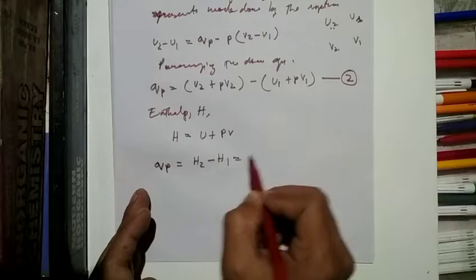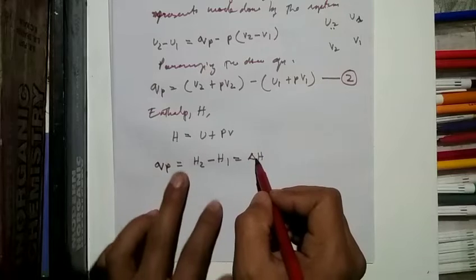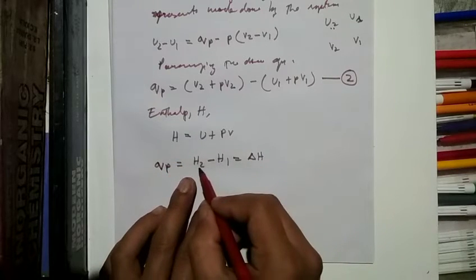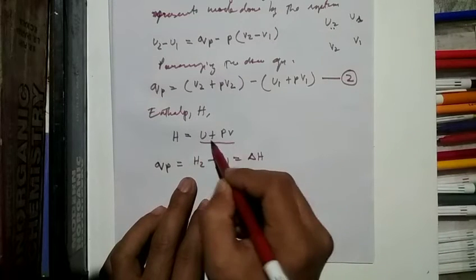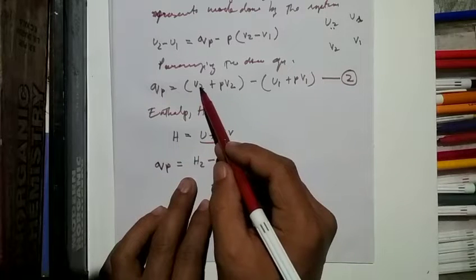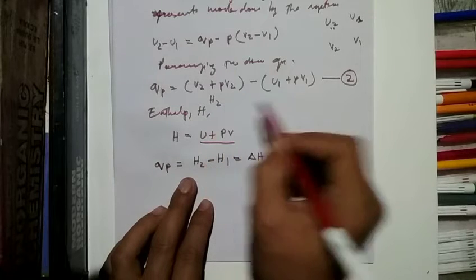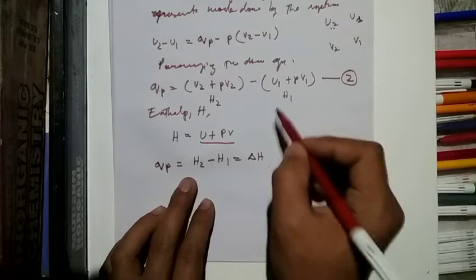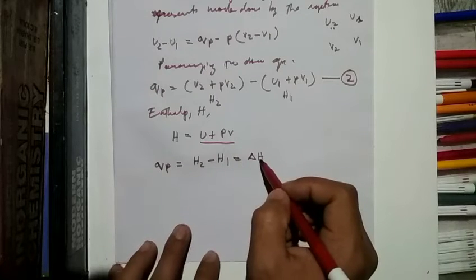This will be simply equal to delta H, that means change in enthalpy. So how this H2 and H1 came: U plus PV is equal to H. So U2 plus PV2 will be H2, and U1 plus PV1 will be H1. So simply we write H2 minus H1 gives this one.